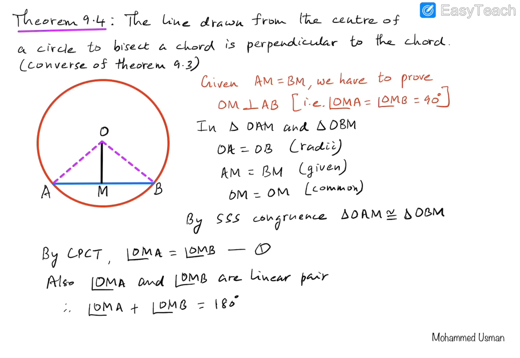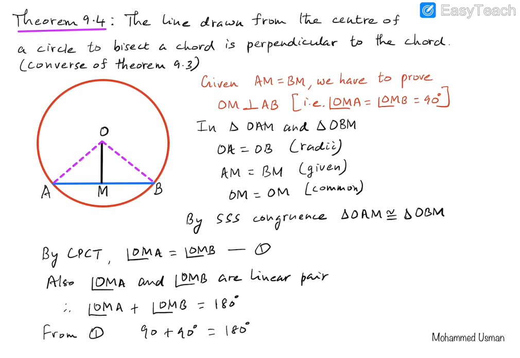So from 1, we can write 90 plus 90 equals 180 degrees. The sum of these two angles is 180 degrees because they are a linear pair of angles. And we also have that these two angles are equal to each other, so therefore they should both be 90 degrees.